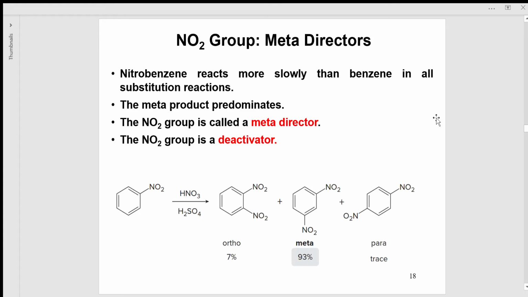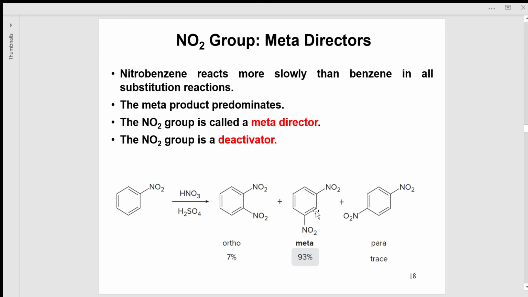All right, let's take a look at a real reaction. We have nitrobenzene here and we want to introduce a second nitro group. This is a nitration reaction. We use nitric acid plus sulfuric acid. If we check the product, we have a mixture. The new nitro group could be here, here, or here, and we found 93% is at this position. This is the original nitro.